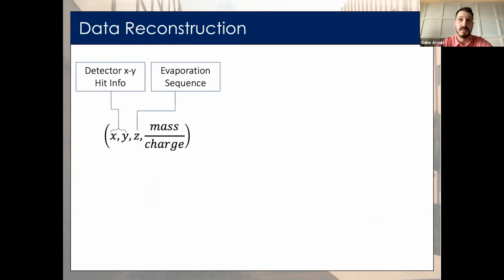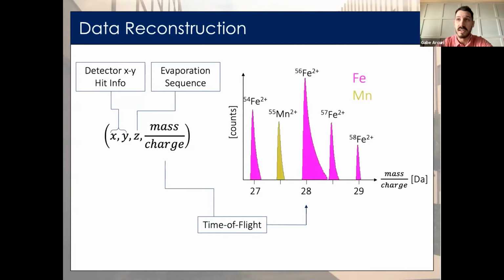And then the Z is inferred from our evaporation sequence of ions during the field evaporation process. And then for the elemental identity, we can gather that from our time of flight by plotting the ions on a mass to charge histogram or spectrum and comparing them to known masses of the elements and at given charge states.